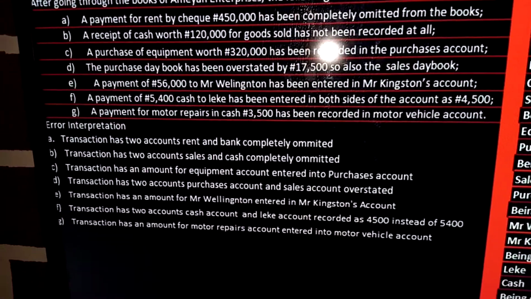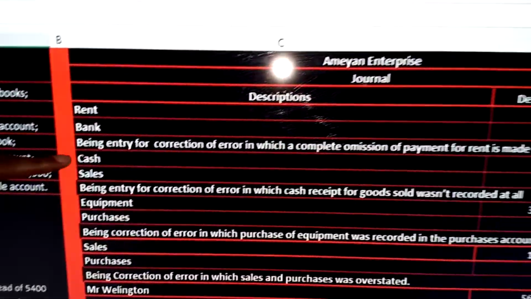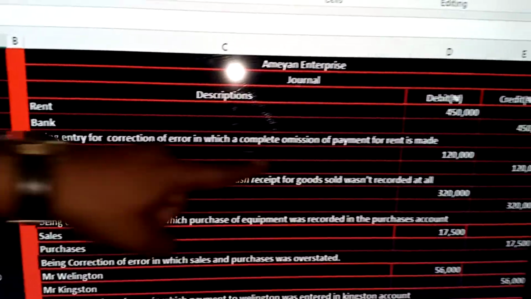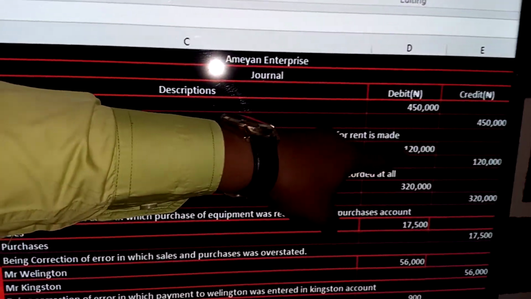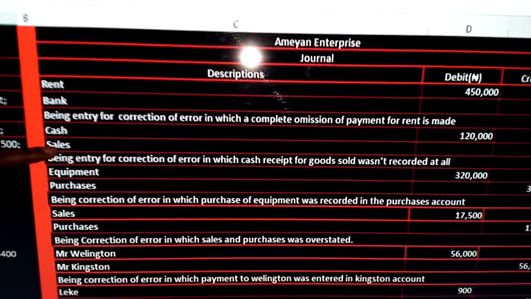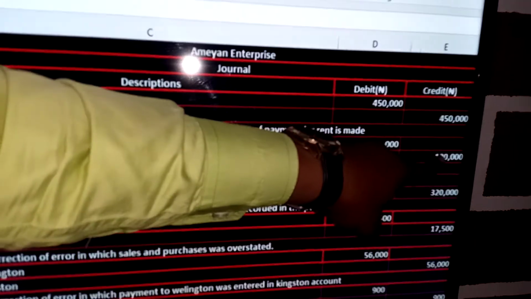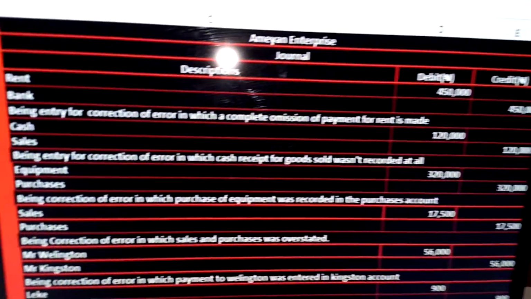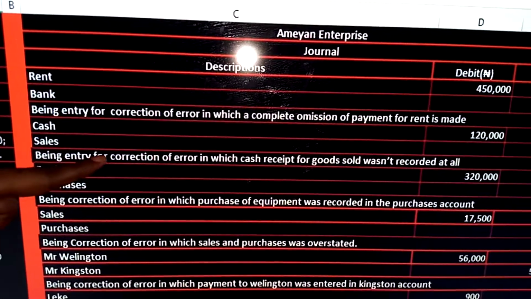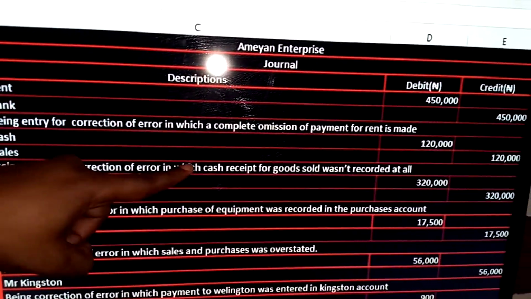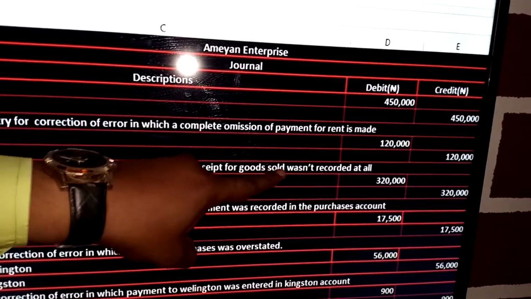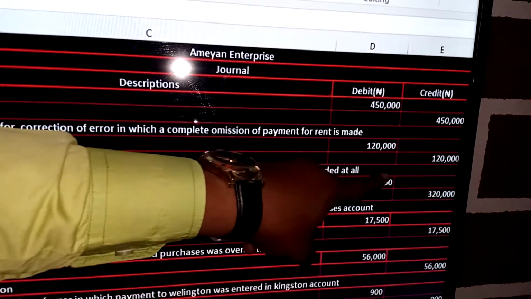We just go ahead and record. So let's go. We have cash debited with 120,000. We have sales credited with 120,000. So we narrate. Being entry for correction of error in which cash receipt for goods sold wasn't recorded at all.